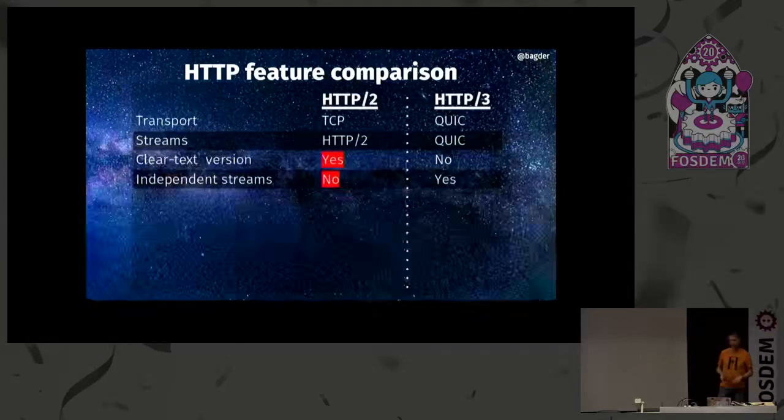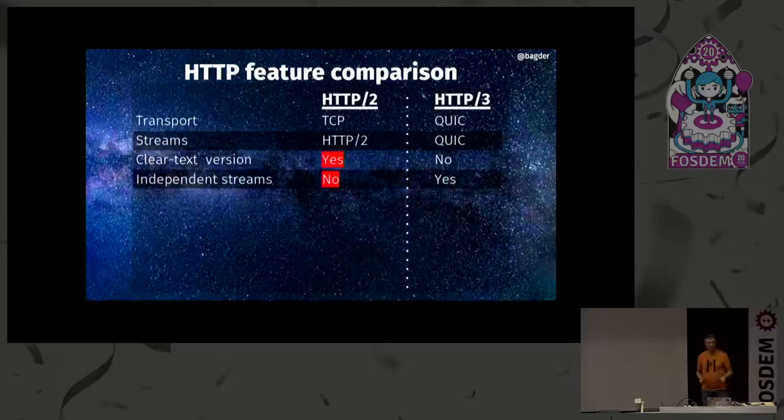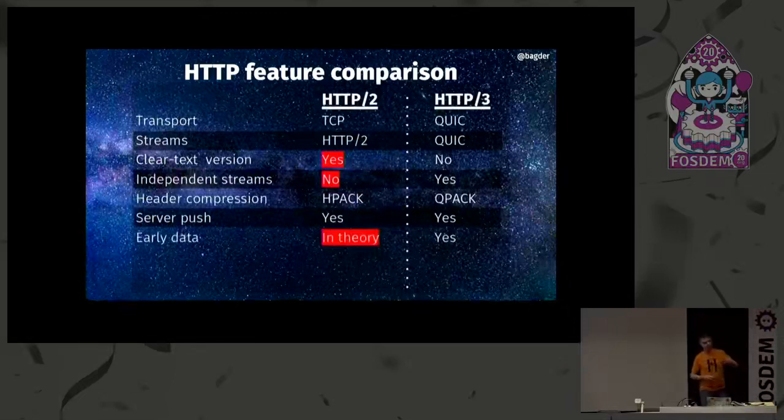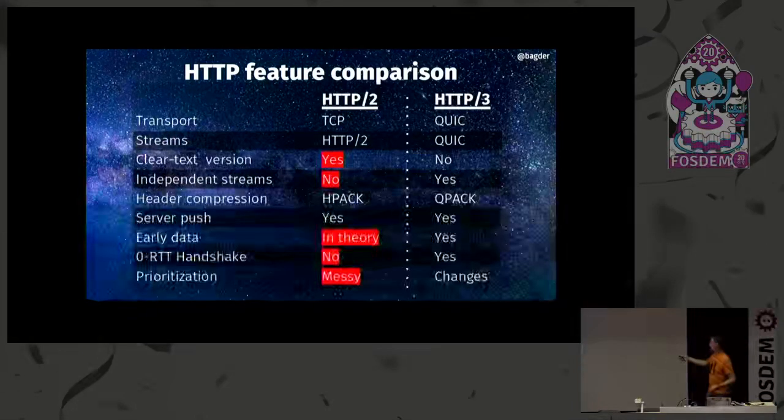We cannot do clear text versions anymore, but in practice we don't do that with HTTP/2 anyway because of what the browsers do. The streams are independent, but that's a minor difference. We're going to do header compression, server push, and possibly better early data. We're doing the HTTP/2-like features, but it's now HTTP/3 because it's over QUIC. And we're changing the prioritization thing over HTTP/3.